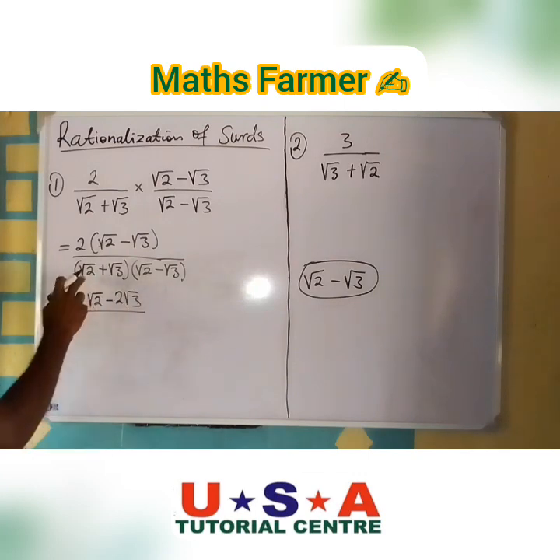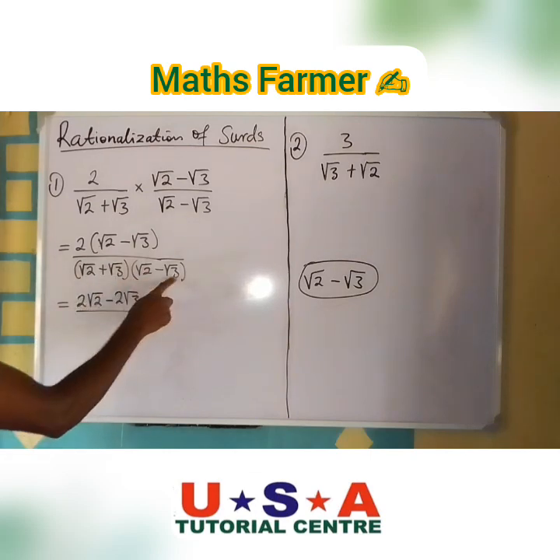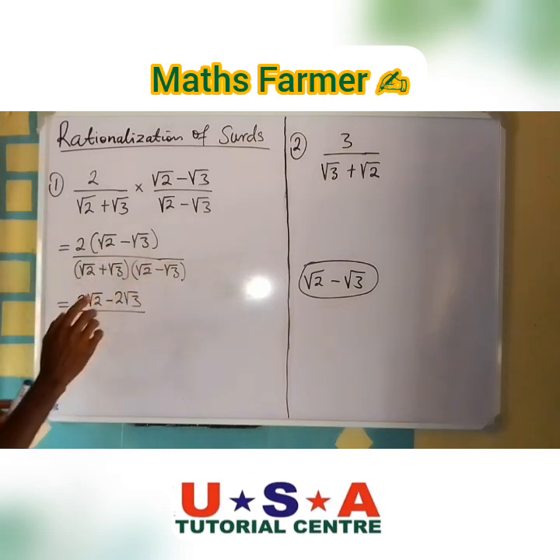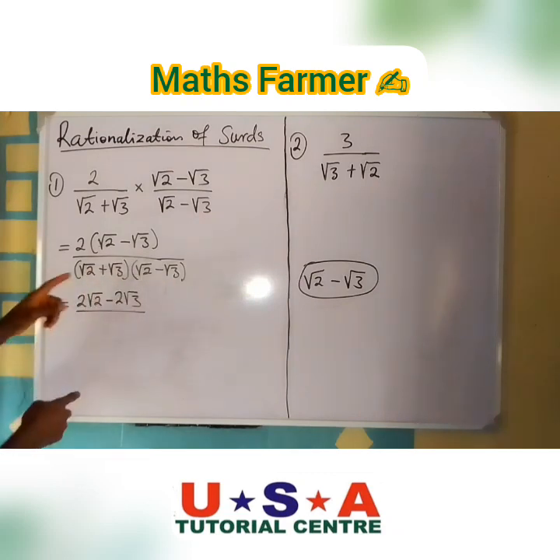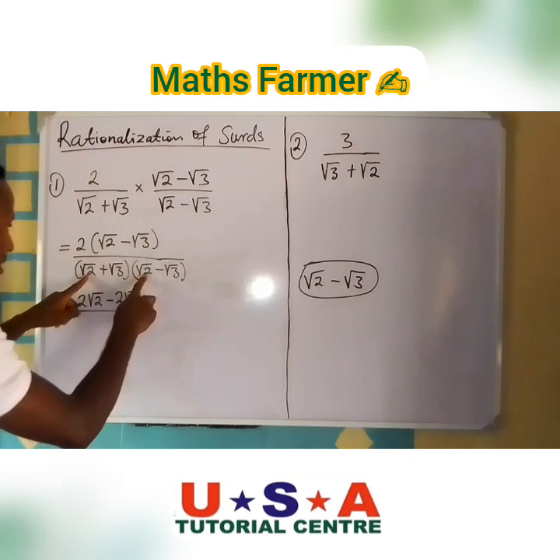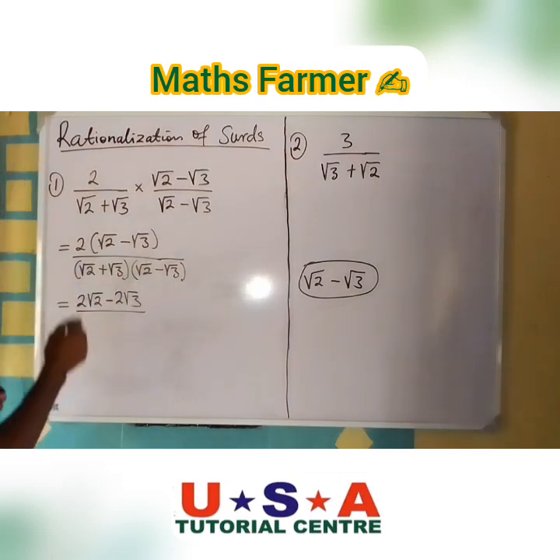For the denominator, the simplest way to multiply this expression is the difference of two squares. Multiply first term by first term, then second term by second term.